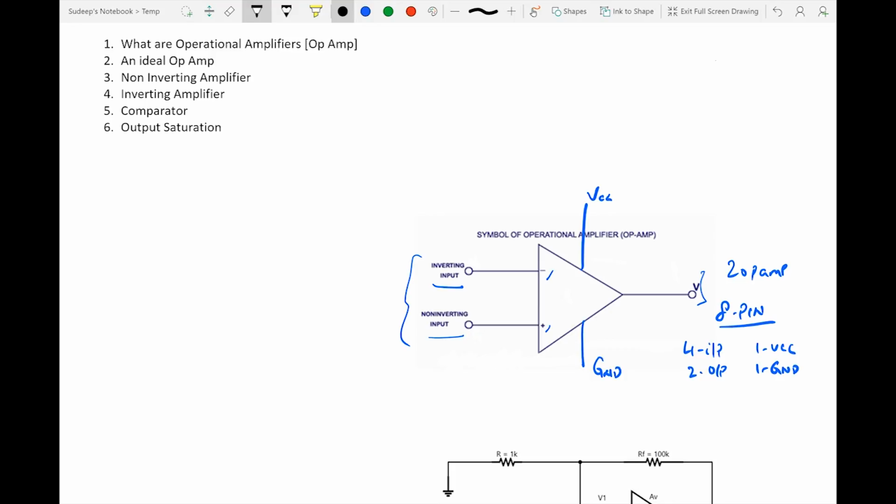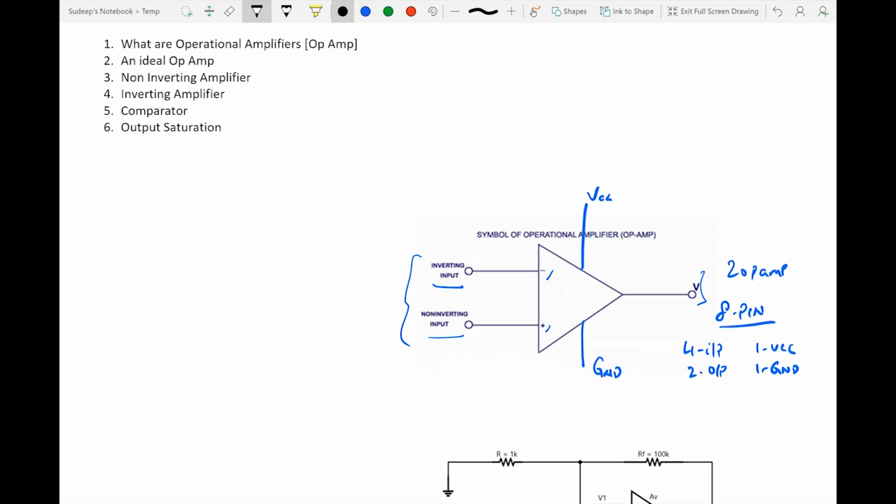It's theoretical in the sense that we talk of infinite and zero values, but practically they would be nearly equal to that in reference terms, but not the exact same values. But for our understanding purposes, we would consider any op-amp that you are working with as an ideal op-amp. So what are these characteristics?